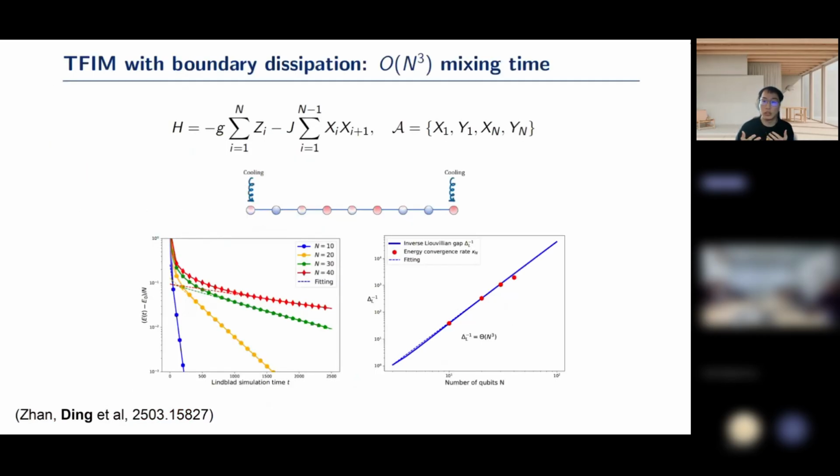So here I want to show you some quick results. In our papers, one example is we consider the TFIM model with a boundary dissipation. The boundary dissipation means that I only put my coupling operators on the boundaries of my lattice. Okay. So what does TFIM stand for?